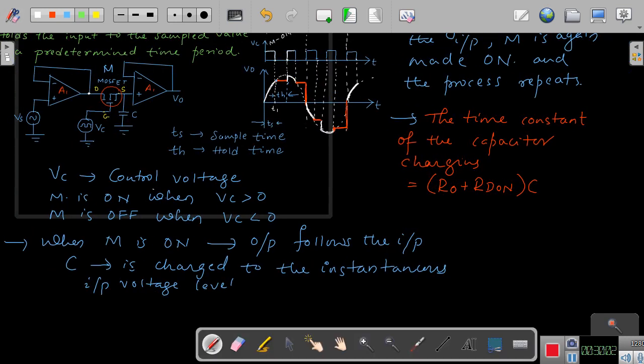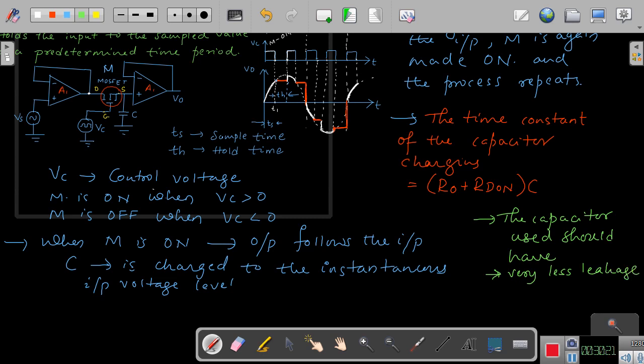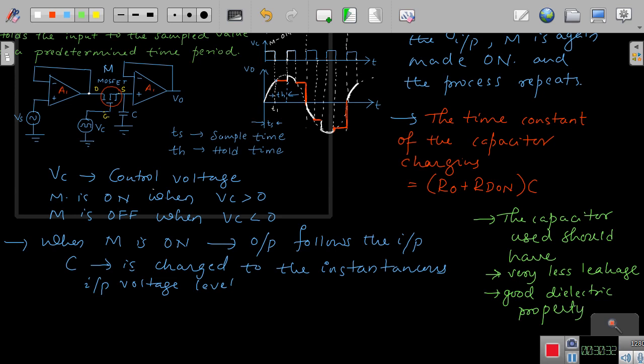Please write it down. The capacitor used should have very less leakage, good dielectric property. Only this much is sufficient for you to understand these things, right?